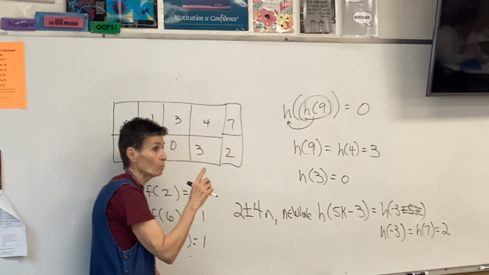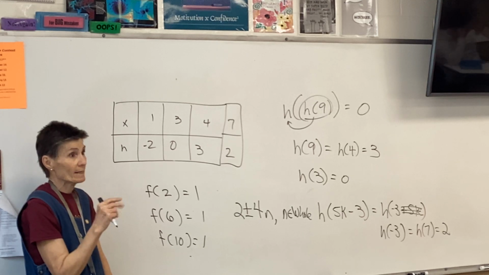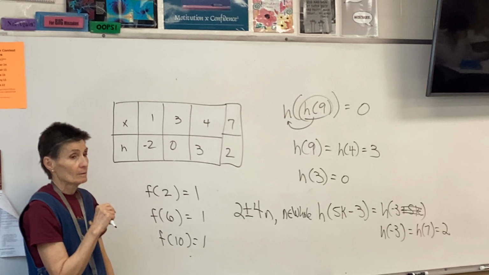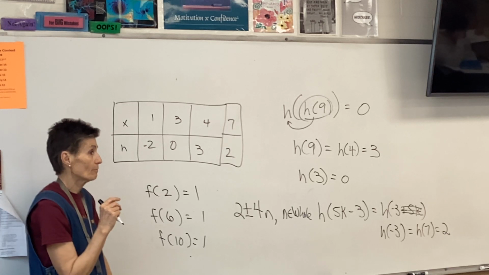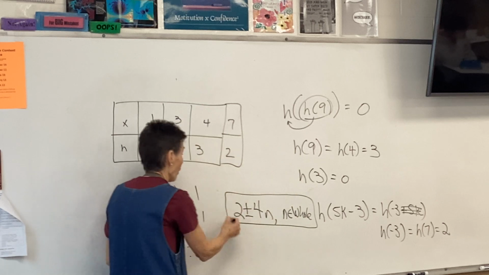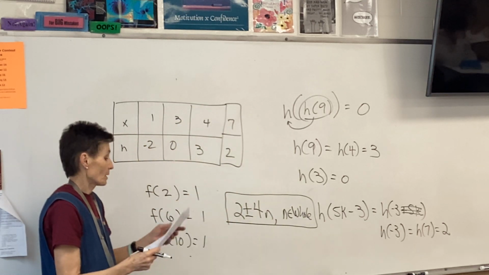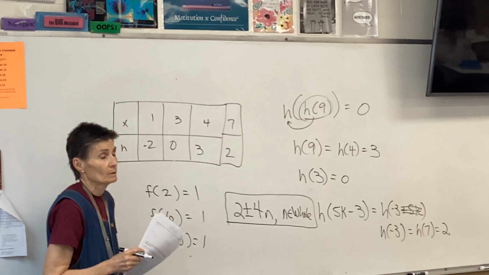So 0, 1, 2, 3. That's what you're adding and subtracting. Multiples of 4. So this would describe all of the inputs that give you 1.